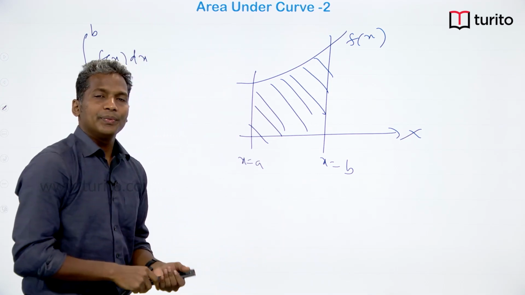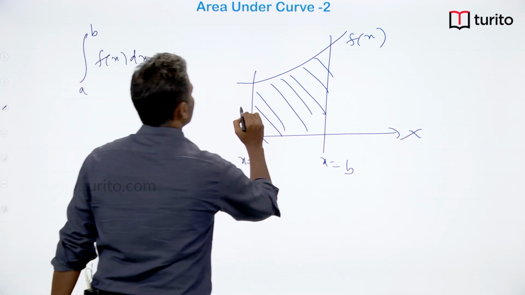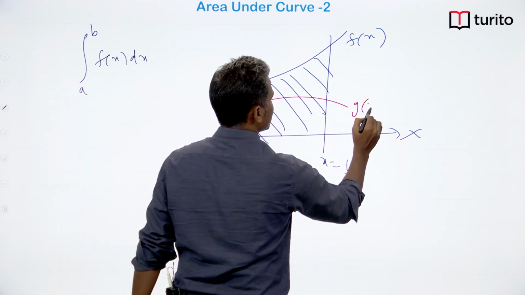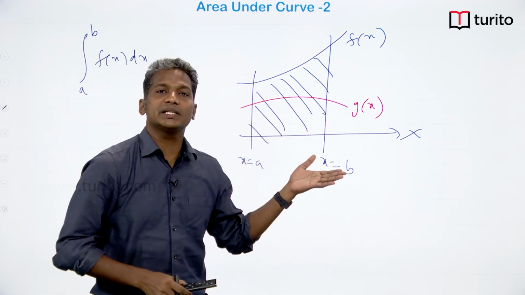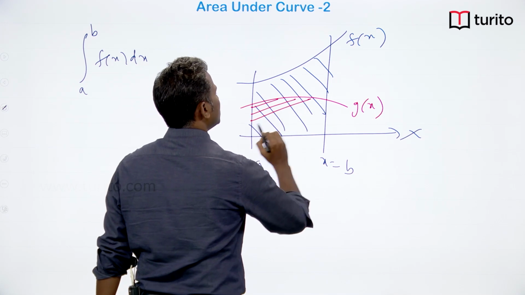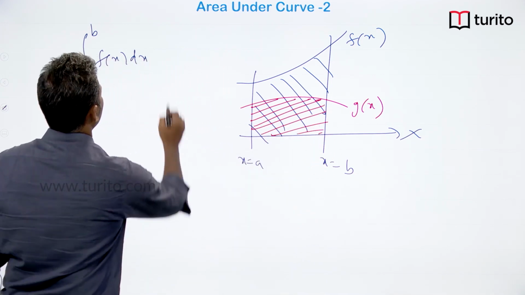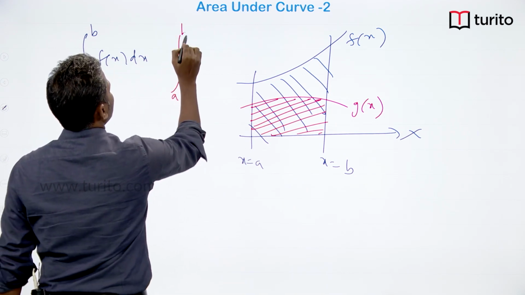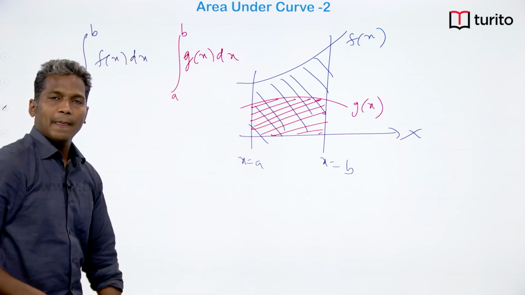Now, let us say there is another function which is g of x, let us say this is my g of x function, and I want to find the area formed by g of x with x axis. So, which area am I talking about? This is the area that I am talking about. To get this area, we do a to b integral g of x dx, right.